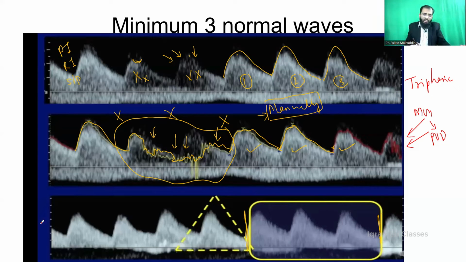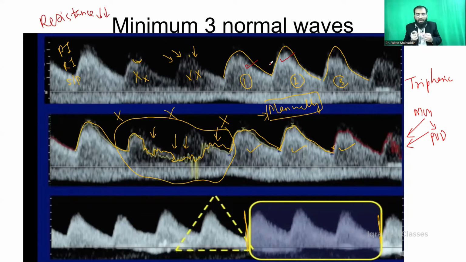Another important thing to remember is that when the resistance is less, you get monophasic flow. And when the resistance to the vessel increases, the monophasic flow changes to biphasic, then changes to triphasic.